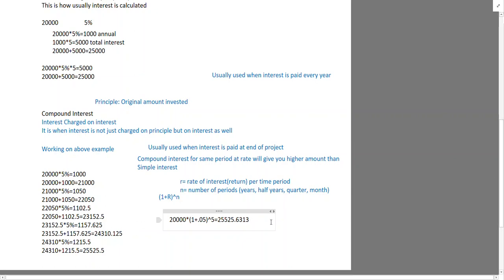It gives you the exact same thing. Or if you forget the formula, you can do it like this. Take 1.05, multiply it 5 times. This 1.05 means next year the amount becomes 1, the principal amount plus the interest. And then the year after it becomes that much of the previous amount.